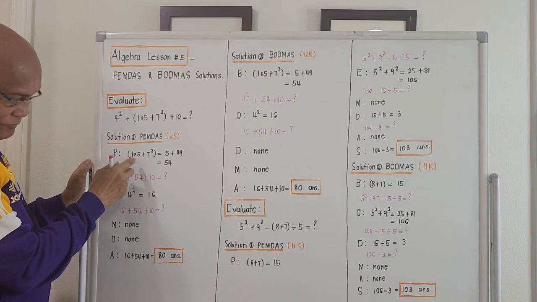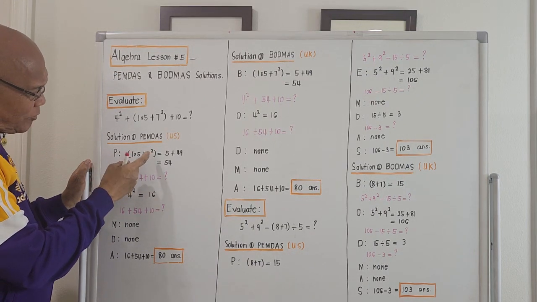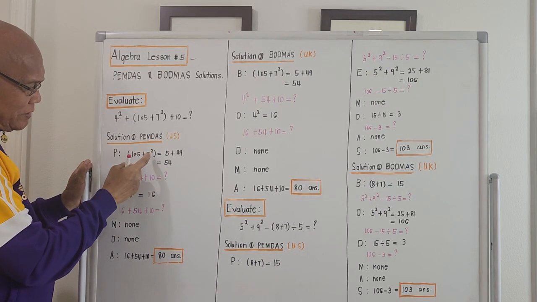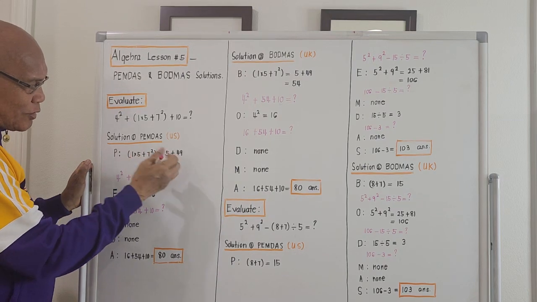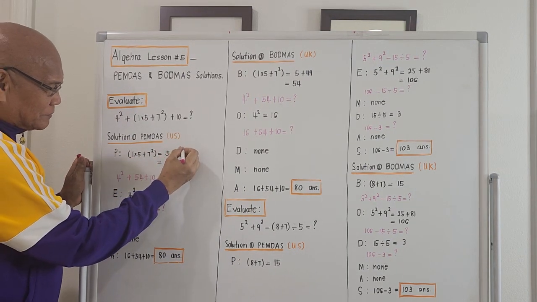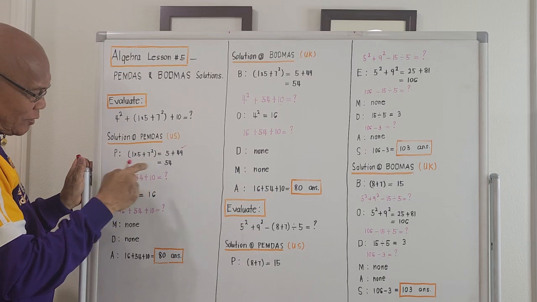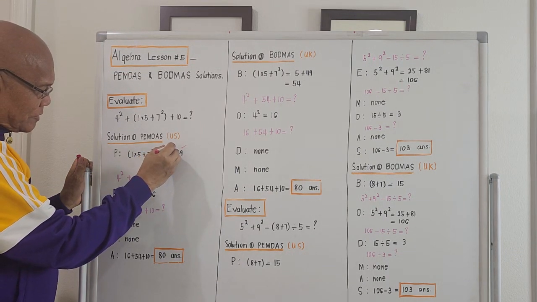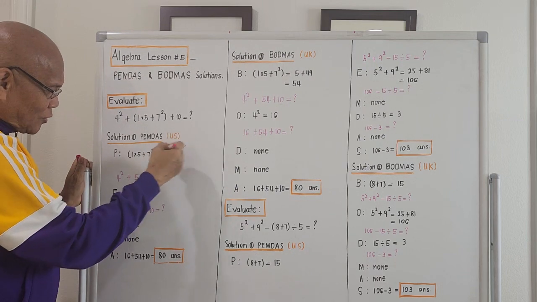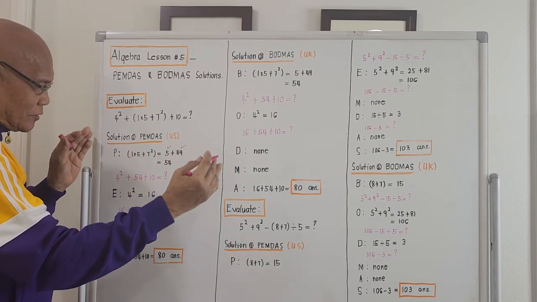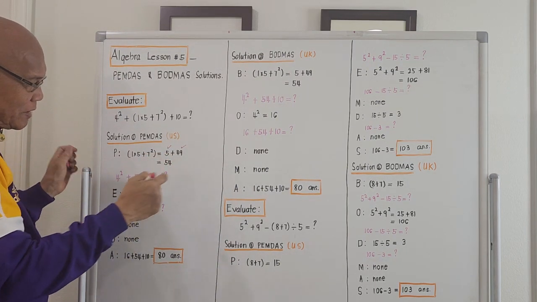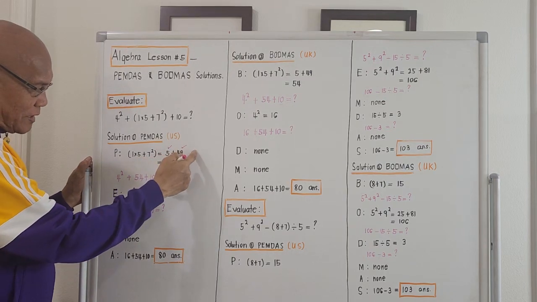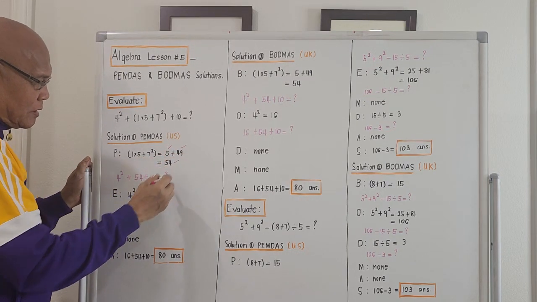So we can start with 7 square. 7 square will be 49. Then we will take the product of 1 times 5, that will be 5. If we combine, it can be written as just simply 5 plus 49, and that will be 54.